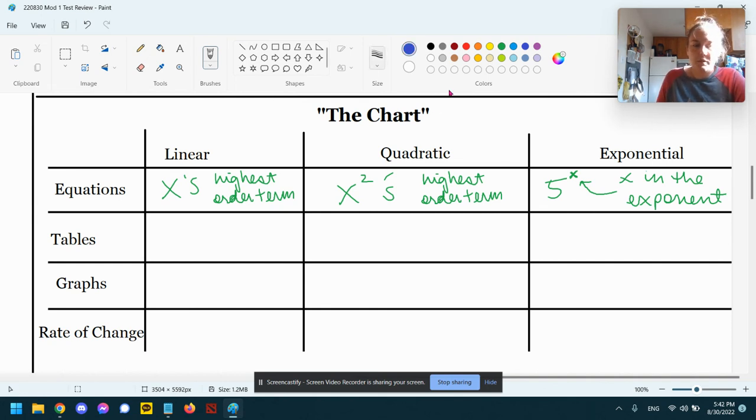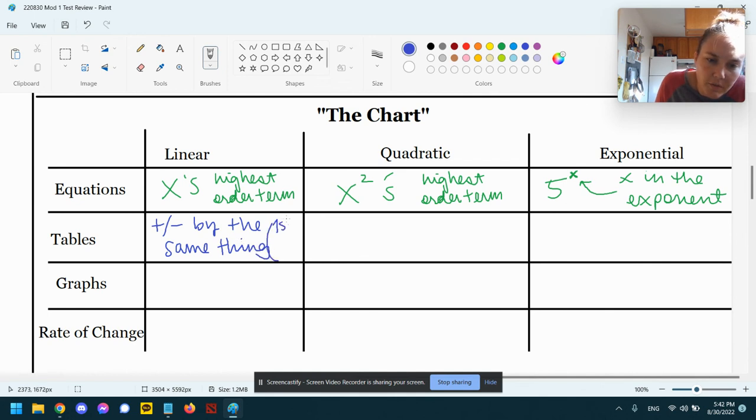For our tables, linear means you're adding or subtracting by the same thing. And that's the first difference. For exponential, you are multiplying or dividing by the same thing.